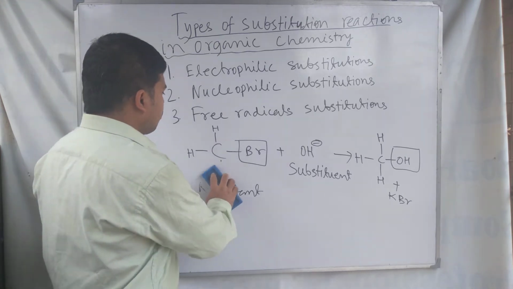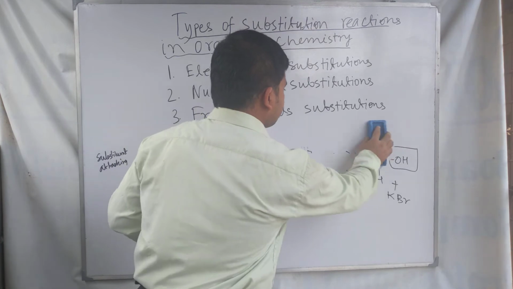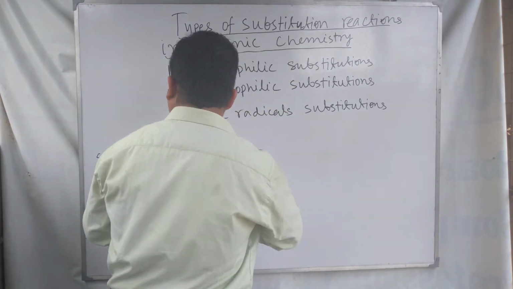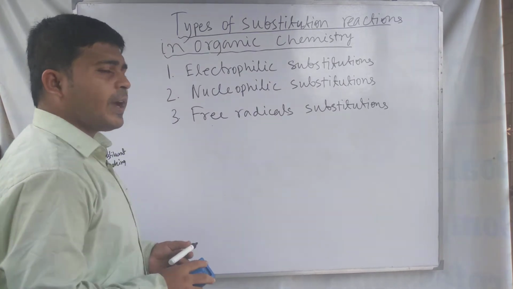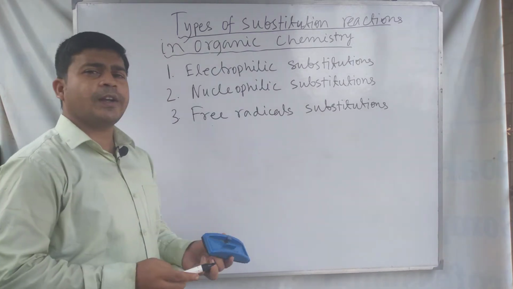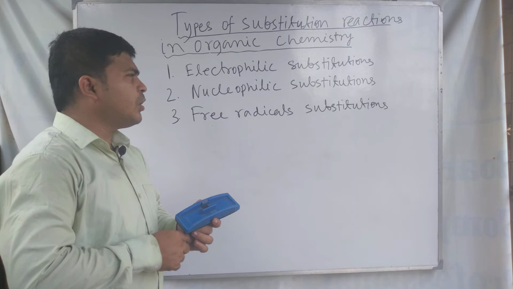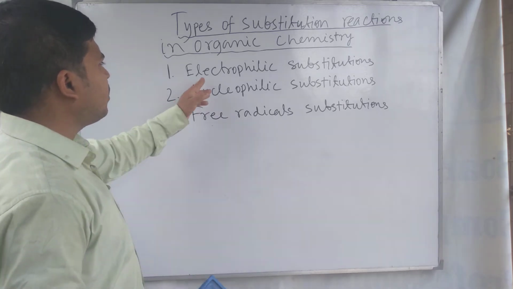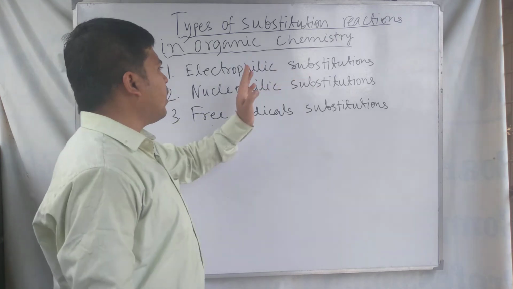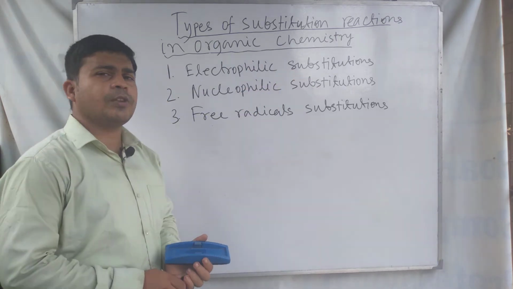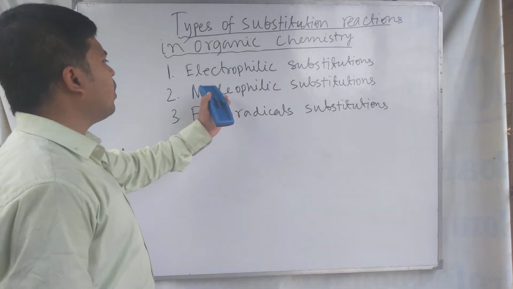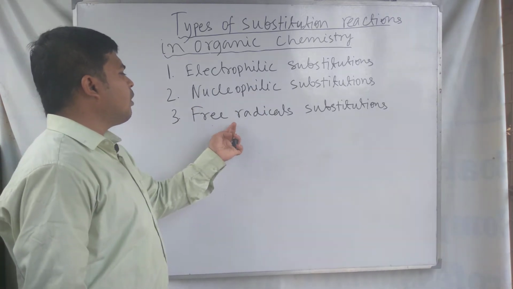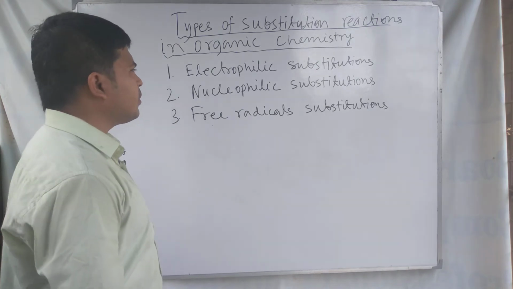Next, the important thing is what the types of substitution reaction are. Based on the attacking reagent that attacks the reactant molecule, the substitution reactions are divided into three categories. One is electrophilic substitution reactions, another is nucleophilic substitution reactions, and the third is free radical substitution reactions.